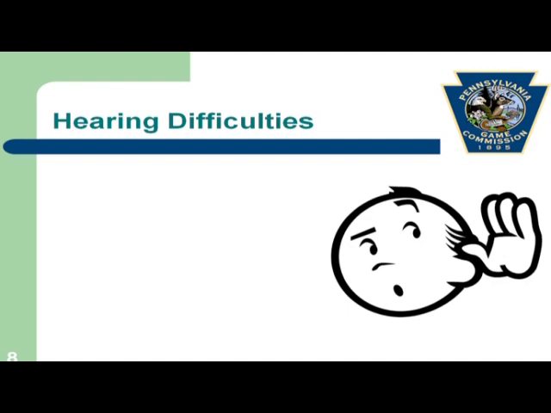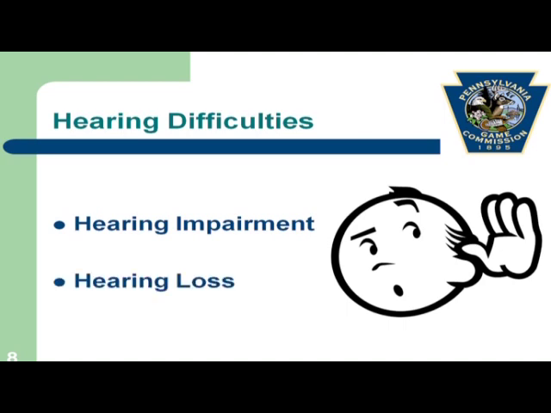Hearing difficulties can be listed in two categories. Hearing impairment, which is an impairment either permanent or fluctuating that adversely affects educational performance, or hearing loss, an impairment so severe that processing linguistic information through hearing, with or without amplification, is impaired.